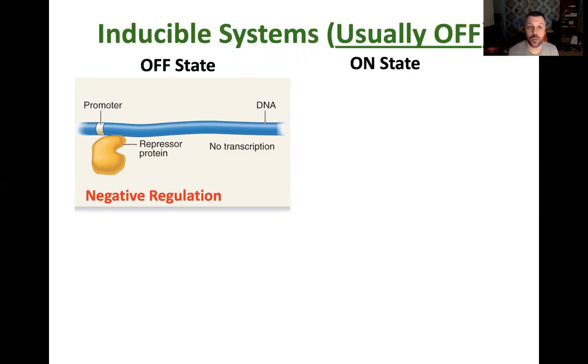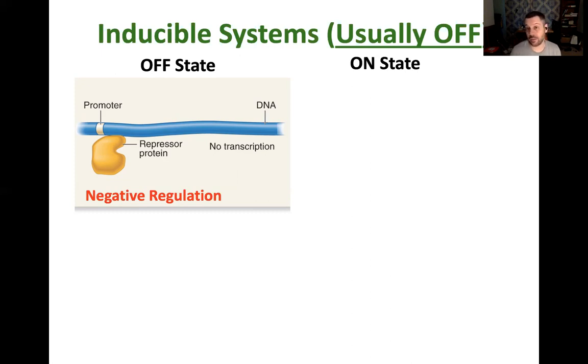The promoter is where RNA polymerase binds to transcribe a gene. Inducible systems, which are usually off, sometimes are off because there's a repressor protein bound to the DNA, as is shown here. Notice that that's blocking the promoter and preventing RNA polymerase binding and transcribing a gene.